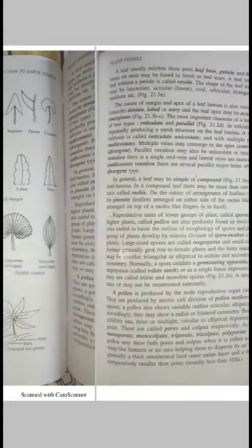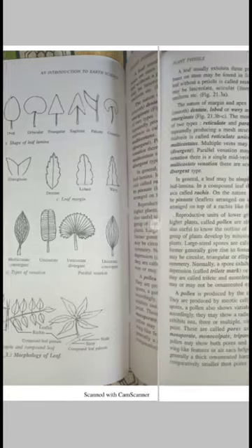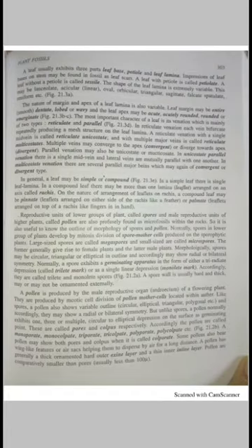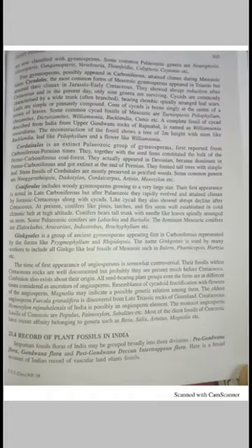The important parts are the geological history of plants, which is somewhat important, and the record of plant fossils in India, which is important.